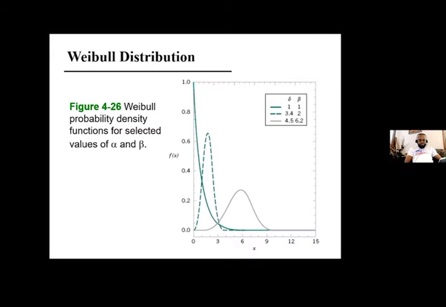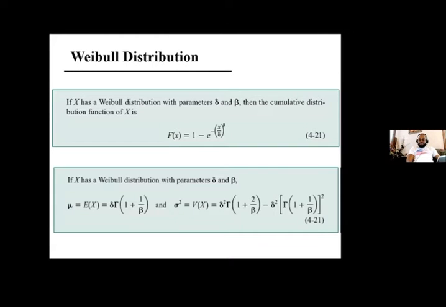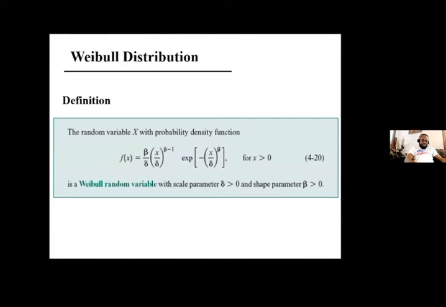Now, using the probability density of the Weibull, we can obtain the CDF. What do we mean by CDF? The CDF is the cumulative distribution function. If I want to obtain the CDF, it is an uppercase F. I want you to see the difference between the CDF and the PDF.